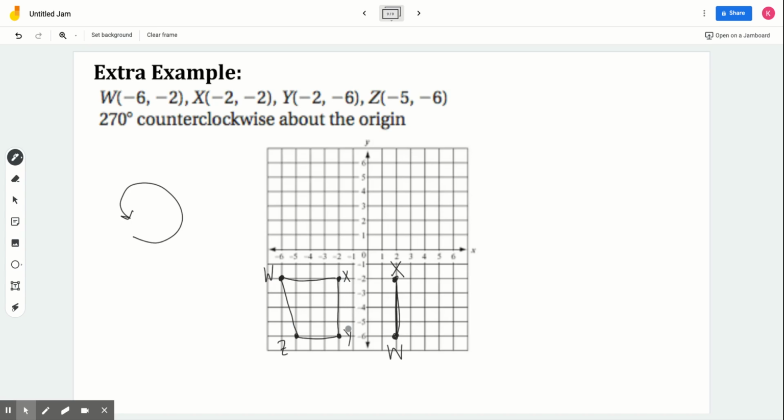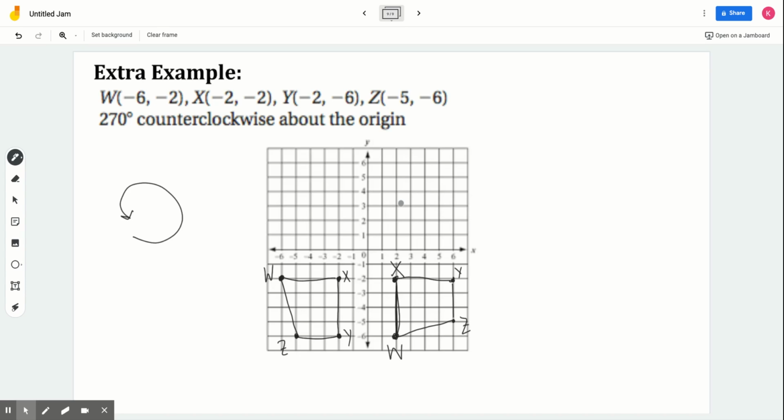Now, along my axis here for y, I'm at -2, -6. So I'm going to go to 6, -2. And then 3 away from y is my z. Now, when I connect my lines, I can see that I have rotated my trapezoid 90 degrees counterclockwise.